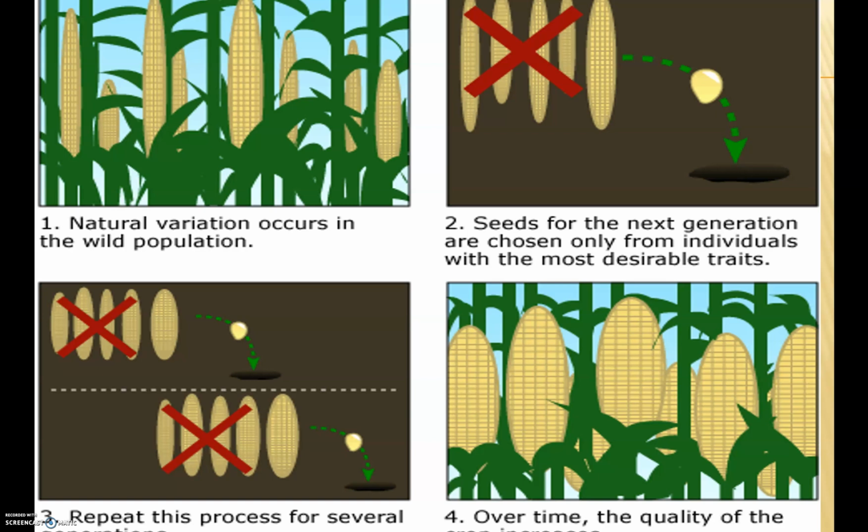If you keep saving the largest, best ears of corn and not eating those, but you keep planting those, as you can see, over time your crop resembles what you're saving. And that's selective breeding. You're selecting which ones breed and which ones make the next generation. And then in picture 4, over time, your crop is all going to look like what you were selecting for.